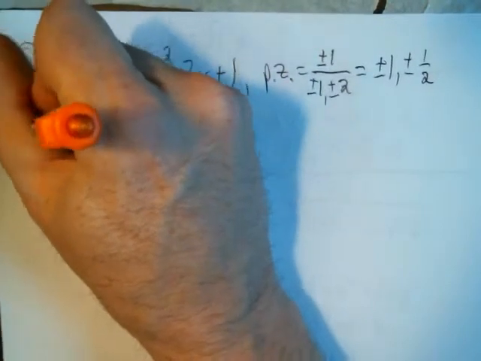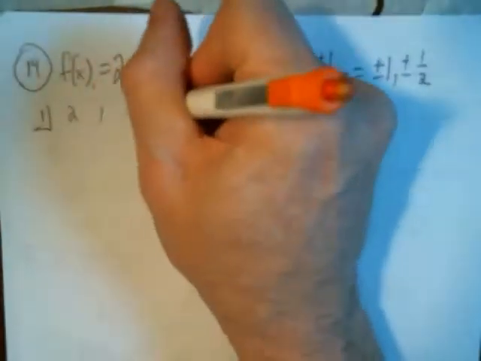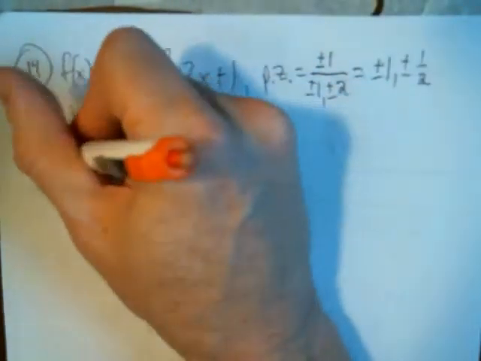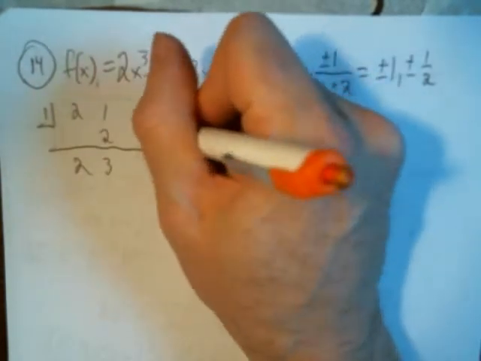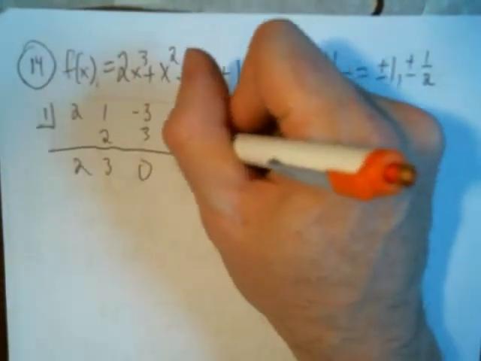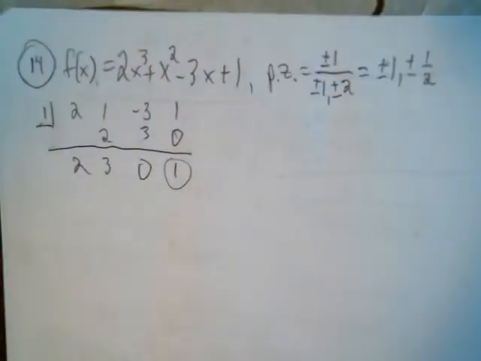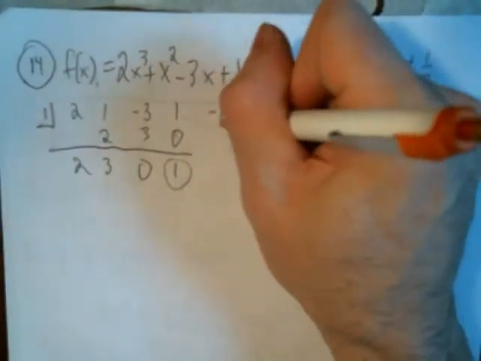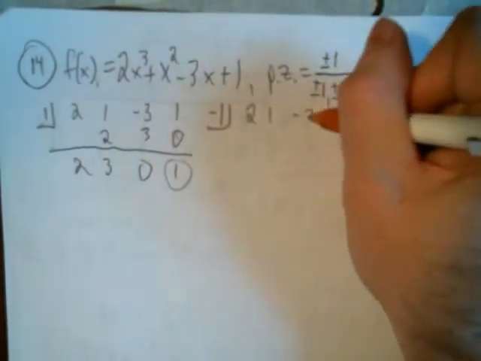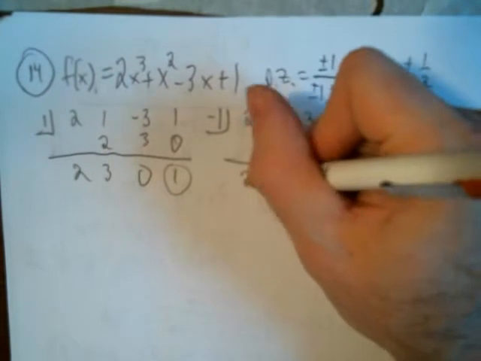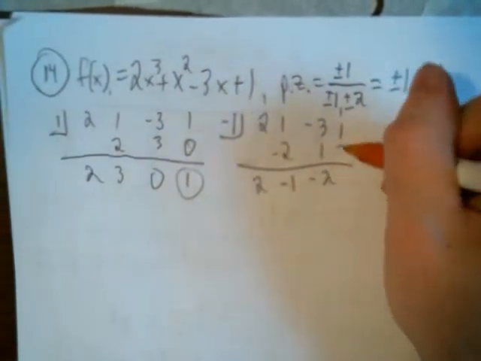So try 1. So we have 2, 1, -3, 1. So that didn't work. That has to be a 0 right there for it to work. So try -1. So 2 comes down, -2, -1, 1, -2, +3.